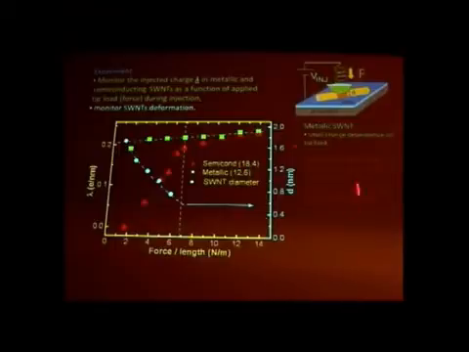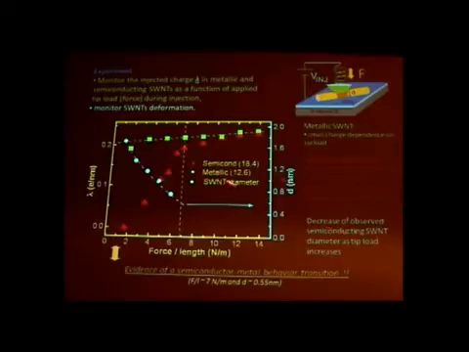At the same time, in blue here, if you monitor the nanotube deformation, you see the diameter of the nanotube decreases as the force increases, as should be expected. So this transition of the behavior of the nanotube, not so sharp, is evidence of this semiconductor-metal behavior transition.